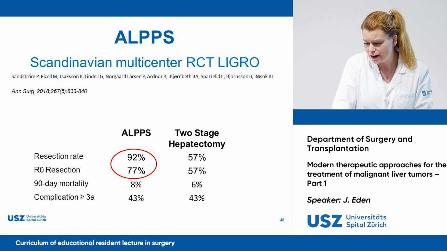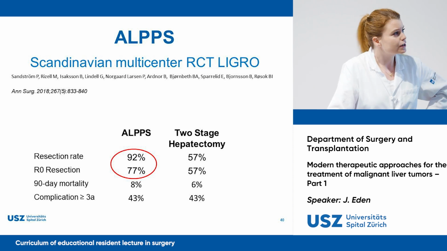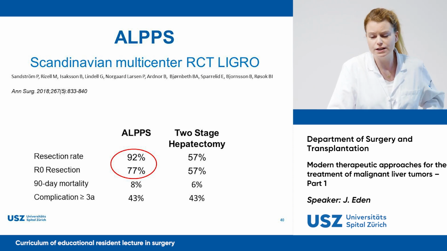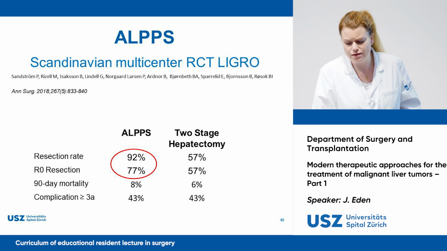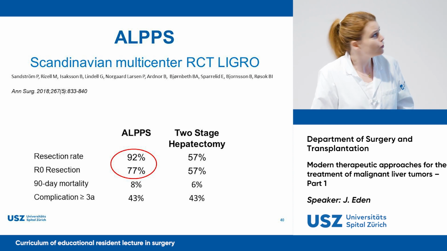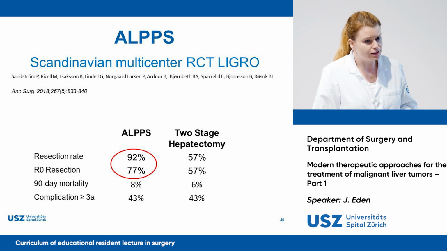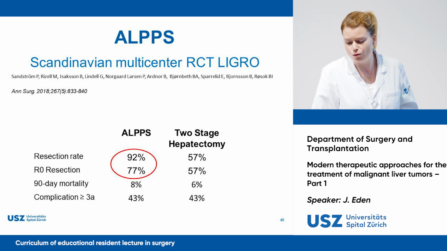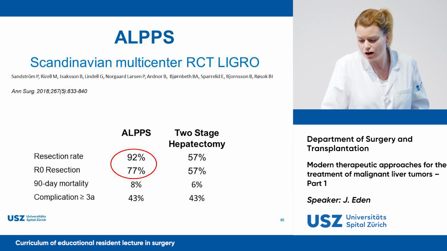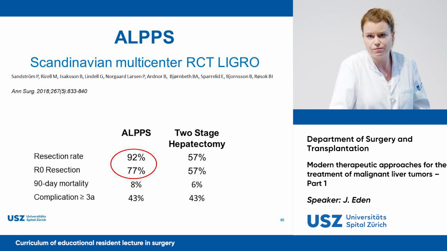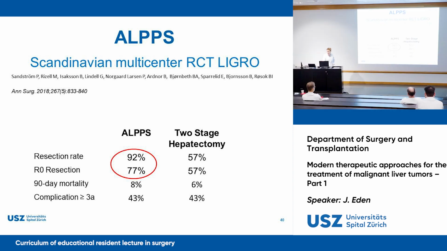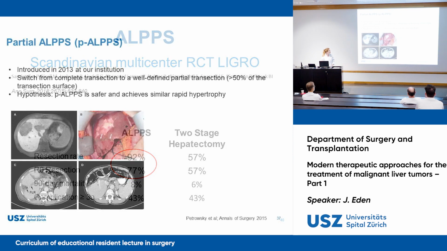Now, as with any procedure, if there is an upside to a procedure, there usually is a downside as well. And the problem with the ALPS procedure is the relatively high morbidity, which leaves us in need for an advancement of this otherwise pretty successful procedure. And that is where the PALPS procedure comes into play.